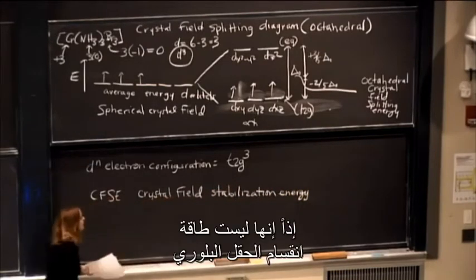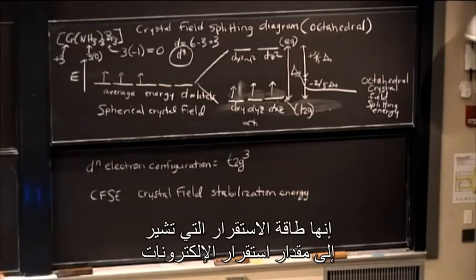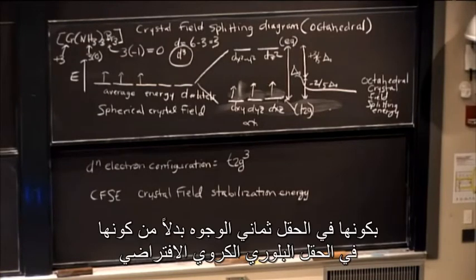So it's not the crystal field splitting energy, it's the stabilization energy, which indicates how much those electrons are stabilized by being in an octahedral field rather than this hypothetical spherical crystal field.